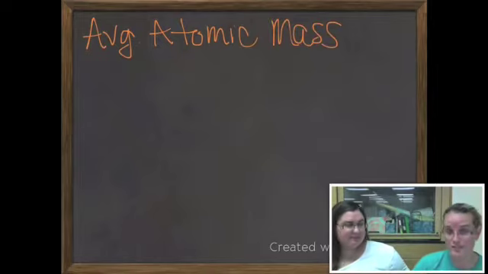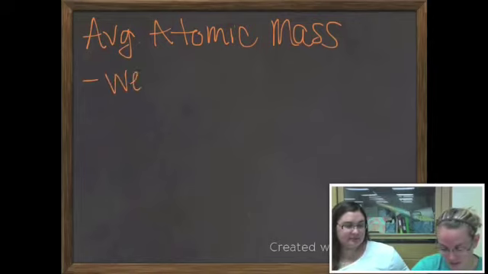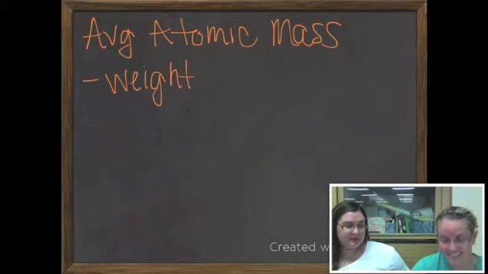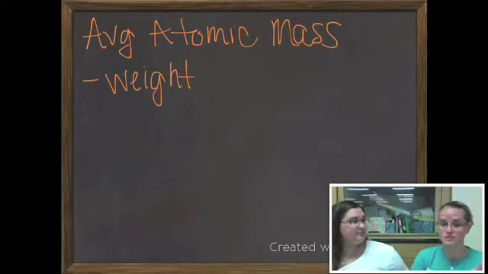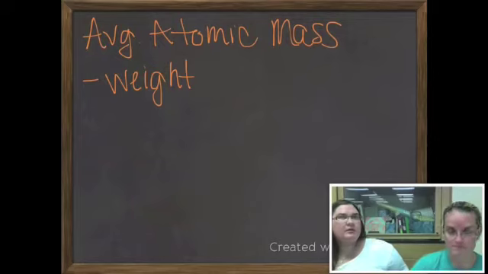Now, average atomic mass it's a special kind of average. We actually call this a weighted average, meaning that each number that you average holds a little bit different weight. Usually you think of if you have three numbers and you take the average, you're just going to divide by 3. Not quite that simple. It's kind of like averaging your GPA. Yes, it is.